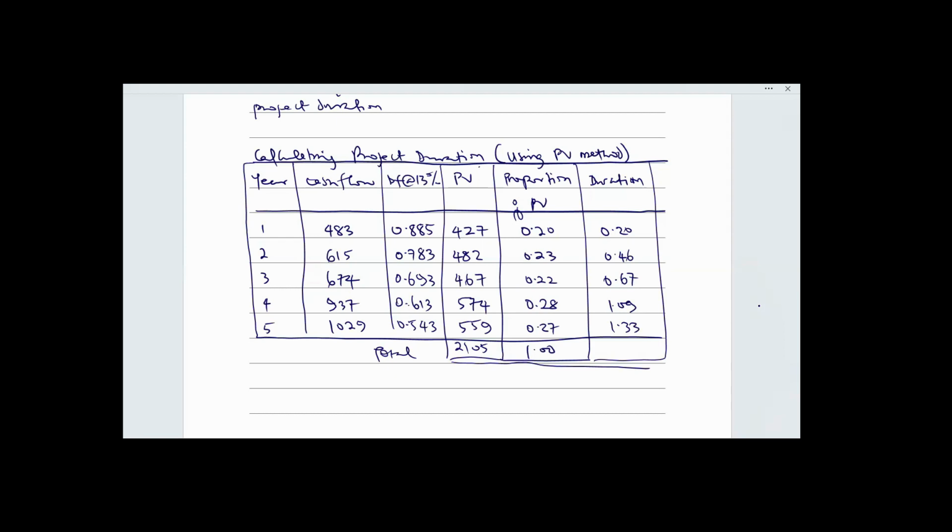This is not correct. When you add up 0.2 plus 0.23, that's 0.47, 0.65 plus, that's 1.10. Something is wrong. So one of them is not correct. Confirm for me which one is not right. Whatever we are going to get should not be more than 1.